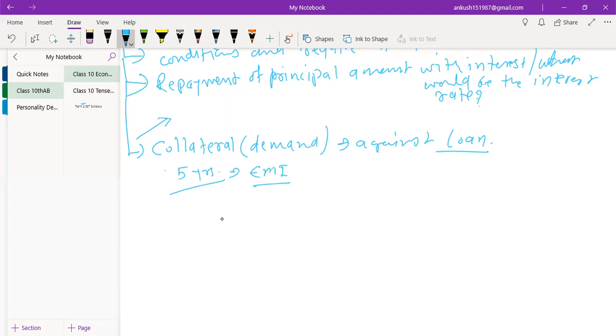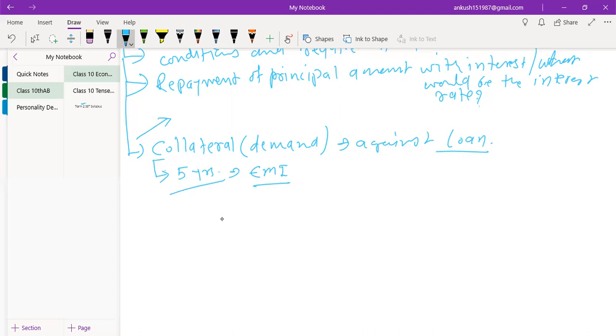That is what we say EMIs. Now whatever collateral was asked by the bank, till 5 years its value was as it is, so they could sell it off. They may put that collateral into auction and whatever the banks can do with that.